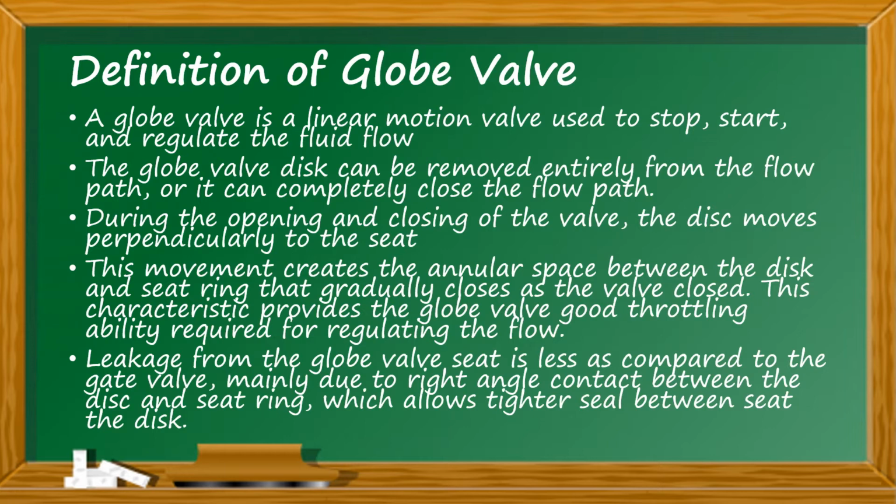Leakage from the globe valve seat is less as compared to the gate valve, mainly due to right angle contact between the disc and seat ring, which allows a tighter seal between seat and the disc. So the globe valve has a special characteristic of throttling, which gives it a regulating property.